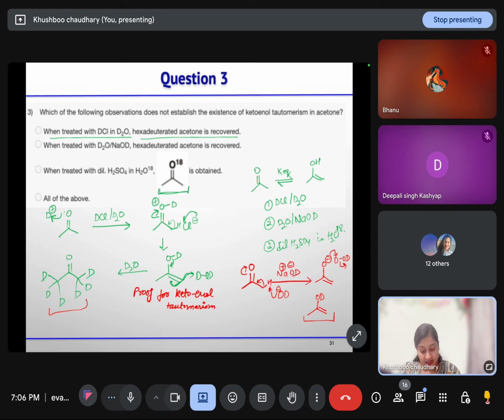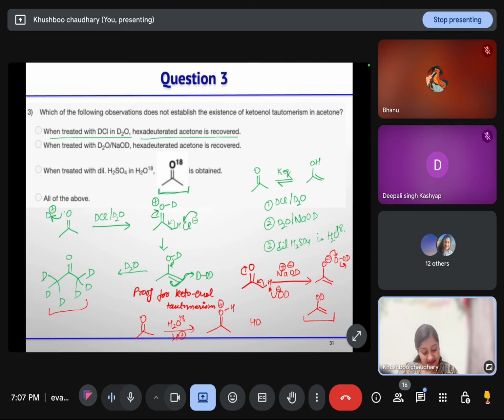Yes, ma'am. Now the third option is when we are treating acetone with dilute H2SO4 in the presence of H2O18. So in the presence of acid, what is the first step? Your protonation will take place. Now for this, water cannot abstract the alpha proton.